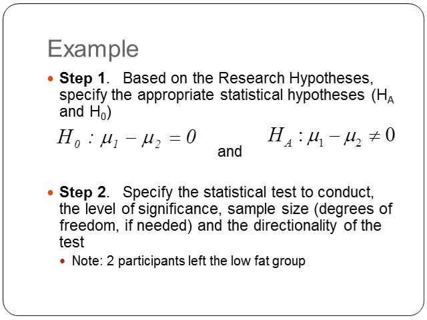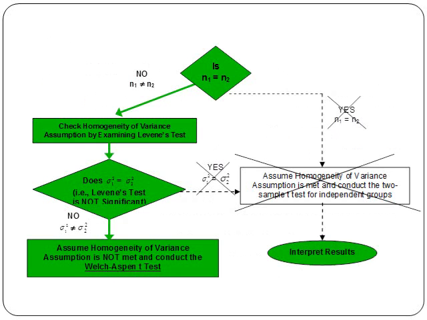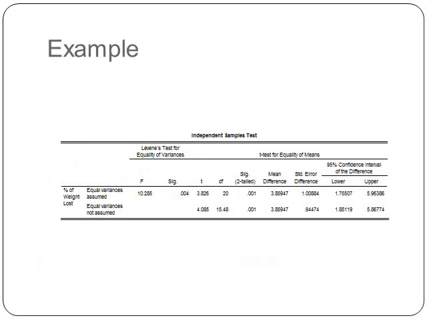We're not sure which of the two will be higher or lower. So we'll go through our logical process. If the n's are equal, we're going to proceed; if they're not, we're going to check the homogeneity of variance. Then we're going to go through and, if need be, use the Welch-Aspin test. In this case, we're saying you do need to use it.